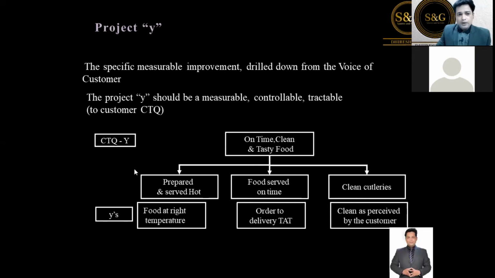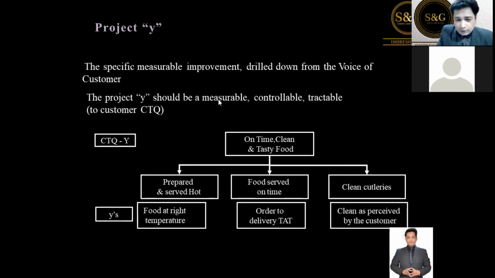What is Project Y? Project Y is a specific measurable improvement drilled down from the voice of customer. From the voice of customer we drill down to the CTQ, from CTQ we drill down to the defect opportunities, and from the defect opportunities we find the Project Y, which is our Lean Six Sigma project.